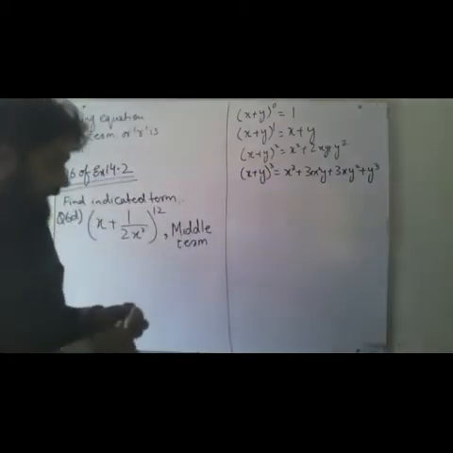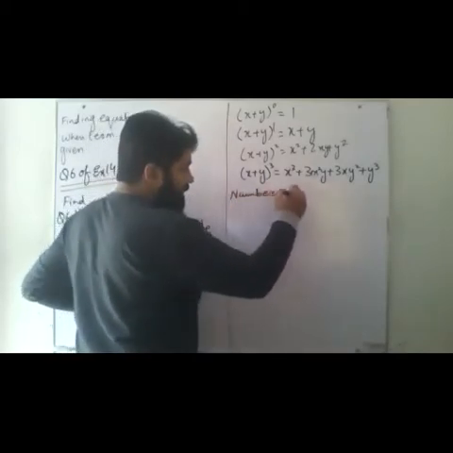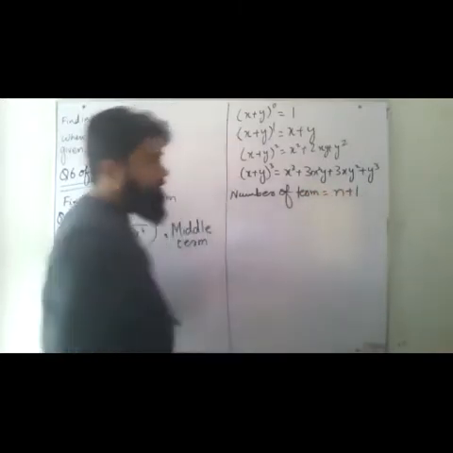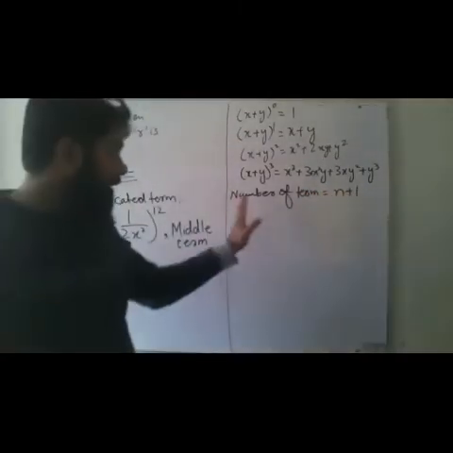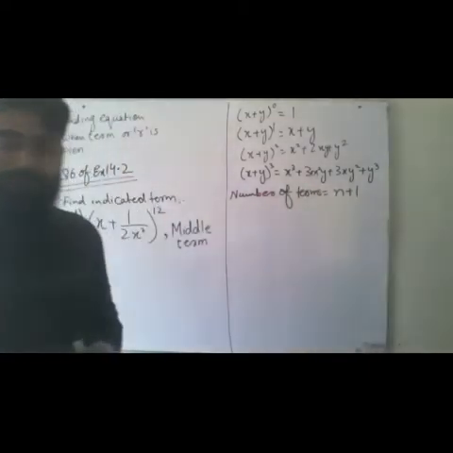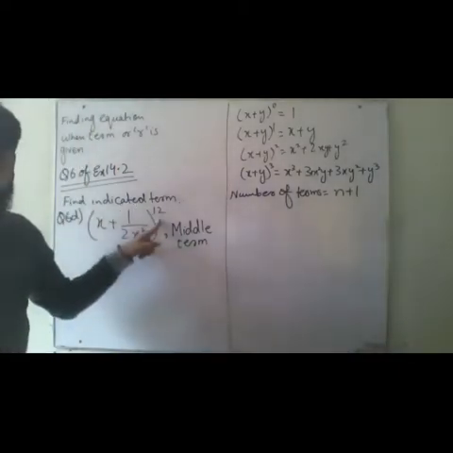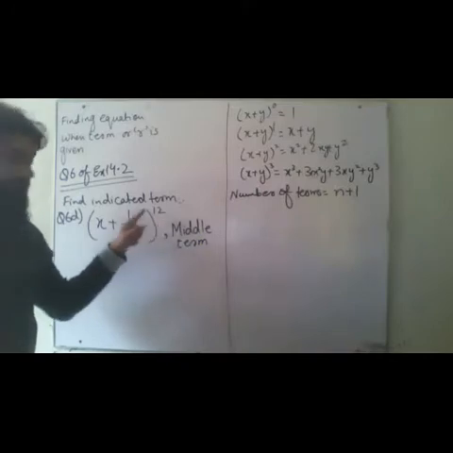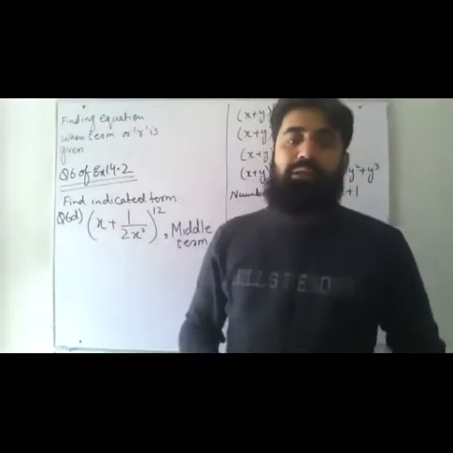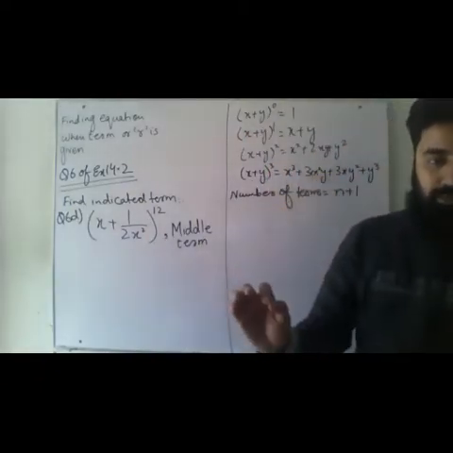It means that the number of terms will always be one greater than your whole power. The number of terms in an expansion will be one greater than the whole power. Now, coming to 12, if the power equals 12, when I expand it, how many terms will I have? I will have 13 terms.